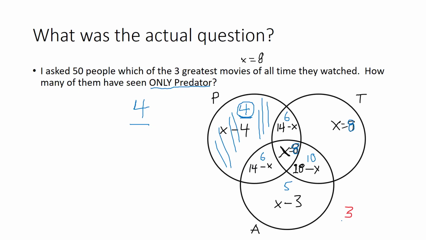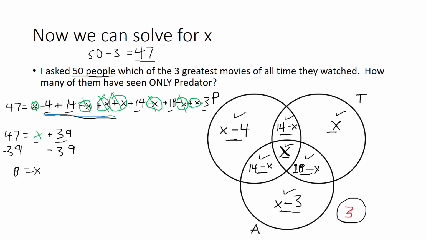What I mean by that is this guy out here, I dealt with him first just to get him out of the way, because we don't have to worry about all of these things here. You could include it with all of this, but that's complicated. Instead of dealing with 50 people, we're really dealing with the 47 that are actually inside one of these sets. That's where that 47 comes from.